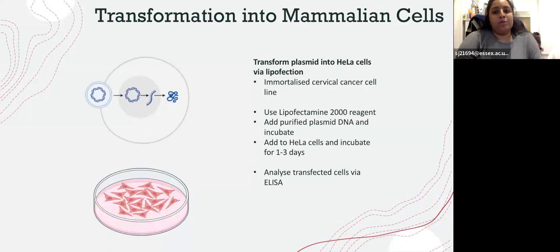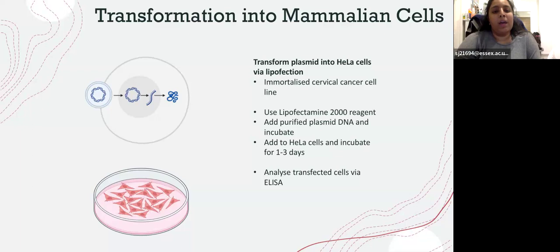Finally, I'll transfect my vector into HeLa cells. HeLa cells are an immortalized cervical cancer cell line. I will do this by lipofection. I will use Lipofectamine 2000 reagent, and I'll add my purified plasmid DNA to this reagent and incubate it.